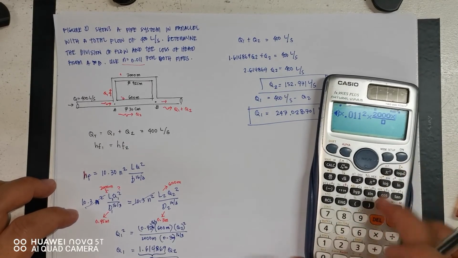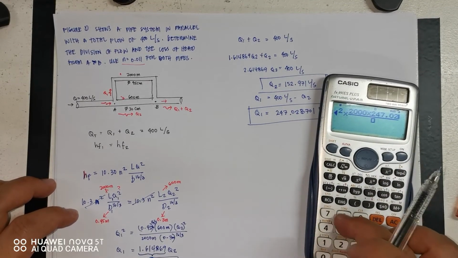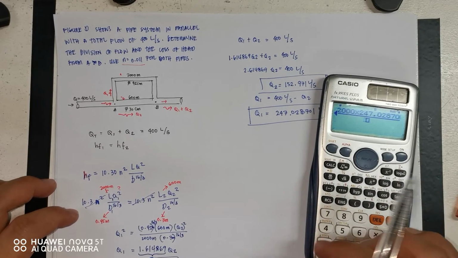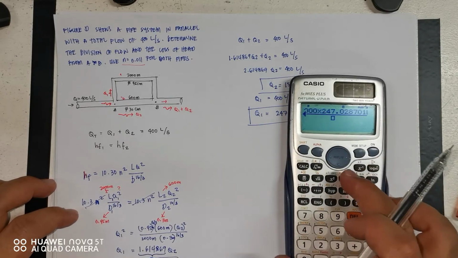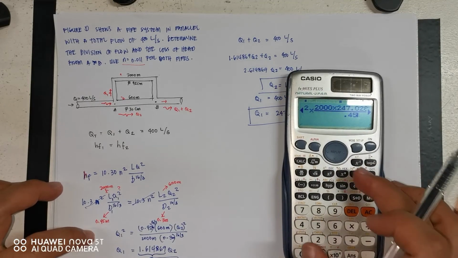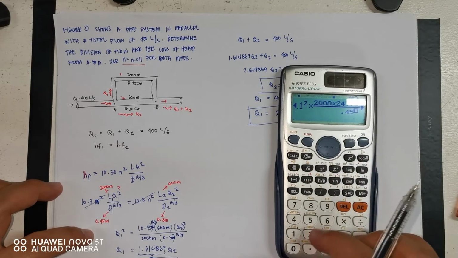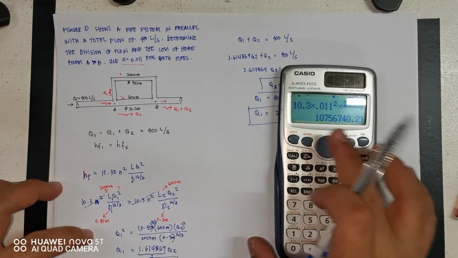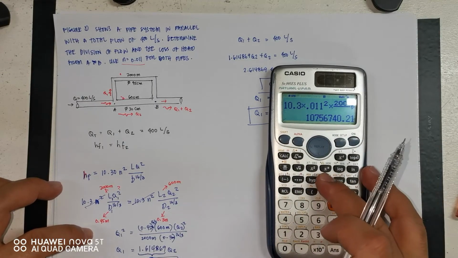Q1 is 247.028701 squared over D. D is 0.45 raised to 16/3. That will give us something like that.